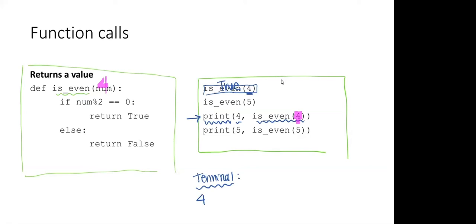So num, remember, is holding the value of 4. 4 modulus 2 is equal to 0, so we return true. The return value true takes the place of where the function is called. So we print 4, and we should also print true. This is what's actually going to show up, as opposed to here, where there's no print statement and nothing is being done with the return value. We just calculate it and then throw out the value.